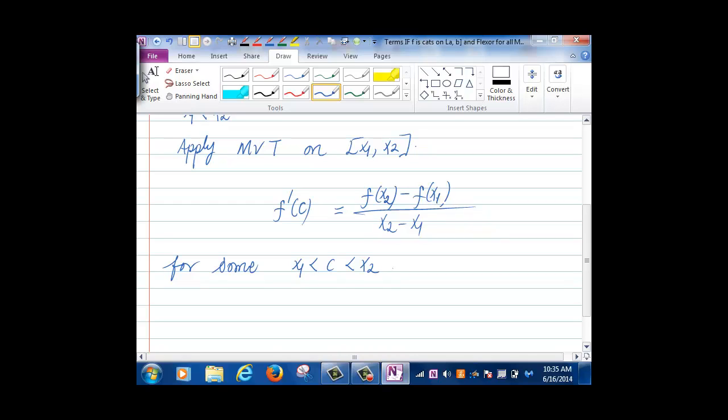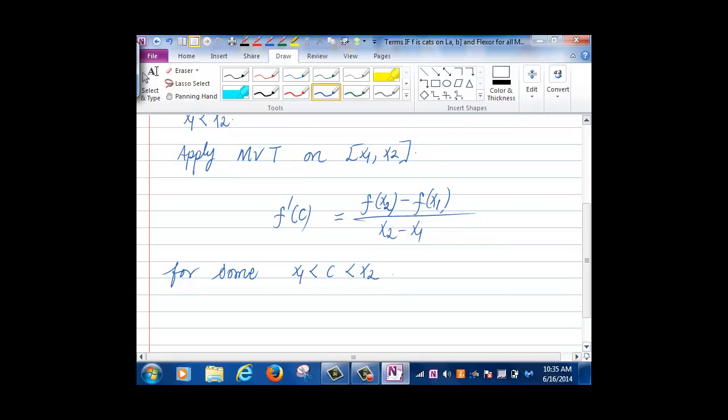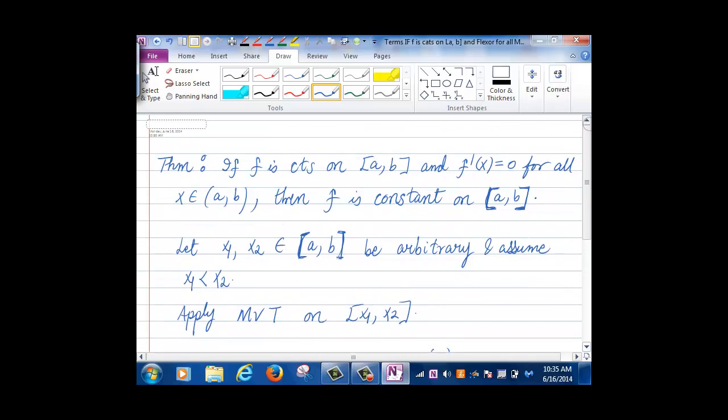Okay, so, but what do we know? What's the assumption on the derivative? The assumption here is that the derivative is 0 everywhere, right?